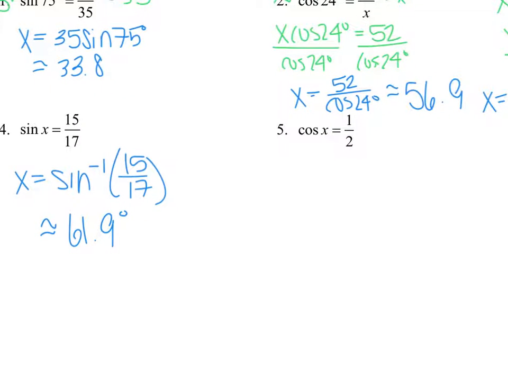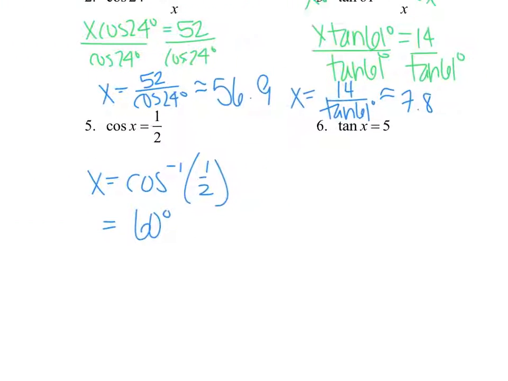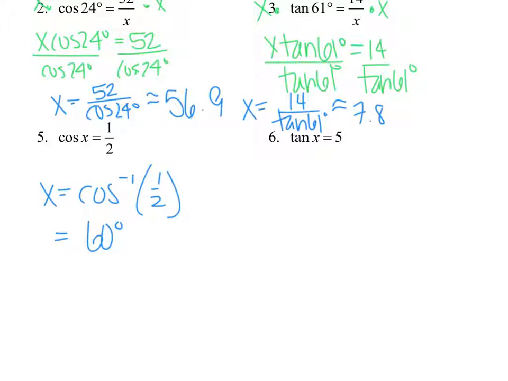Same thing with number 5. We are finding an angle, so we need to use the inverse operation in our calculator. I always think it helps to write down what we're doing, even though I know you can probably just plug them in your calculator without writing everything down. But this way, when you refer back to your notes, you understand what we did. So number 5, once you do inverse cosine, you should get 60 degrees.